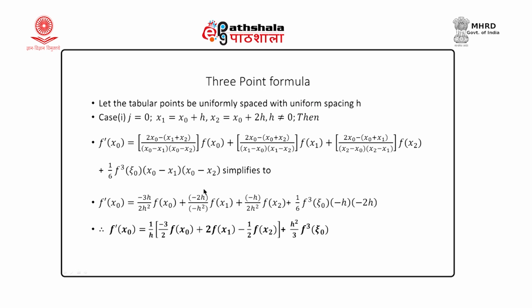Similarly, this term will be minus 2h by minus h square f x1, and this term will be minus h, x1 is x0 plus h, x0 cancels, minus h by 2h square f x2, and 1 by 6 f3 at xi0 times minus h minus 2h. Here we can take 1 by h common: minus 3 by 2 f x0 plus 2 f x1 minus half f x2 plus h square by 3 f3 at xi0.